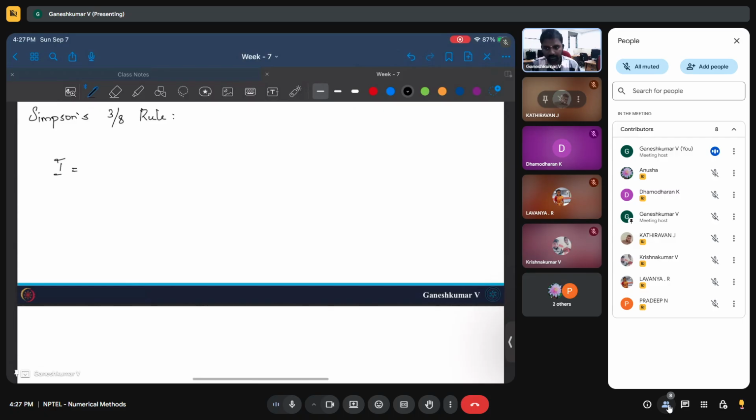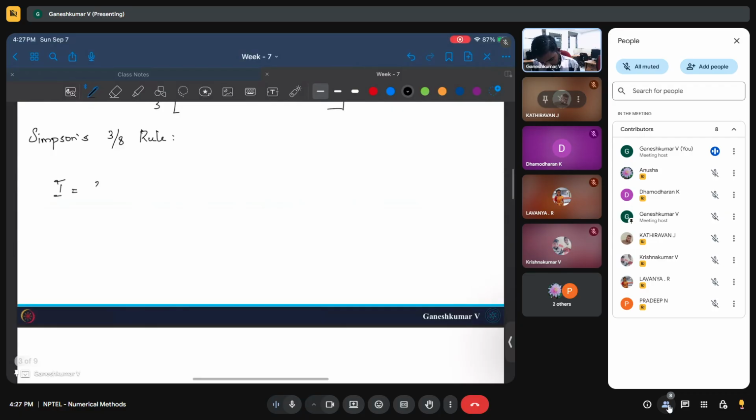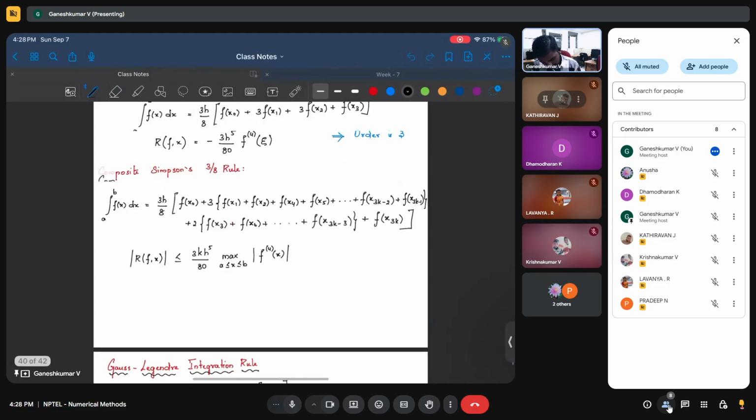It's easy to remember. 3/8 is already there, which means it should be 3h/8 into y0 and y8, the first and last points, which will be written separately, and the other points should be 3 times y1, y2. Maybe first I will write the entire equation so that it will be easy to understand.